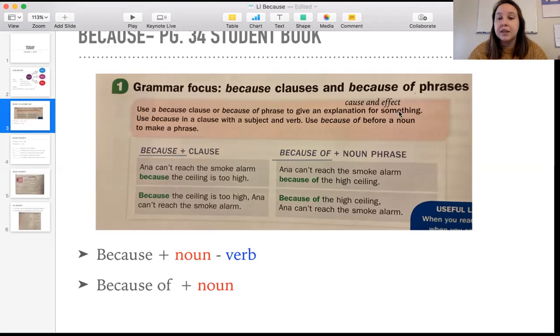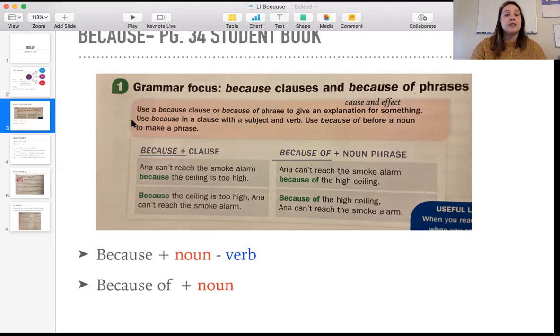This explanation is just talking about our cause and effect. We have two different options that we're going to be talking about today: because by itself or because of.